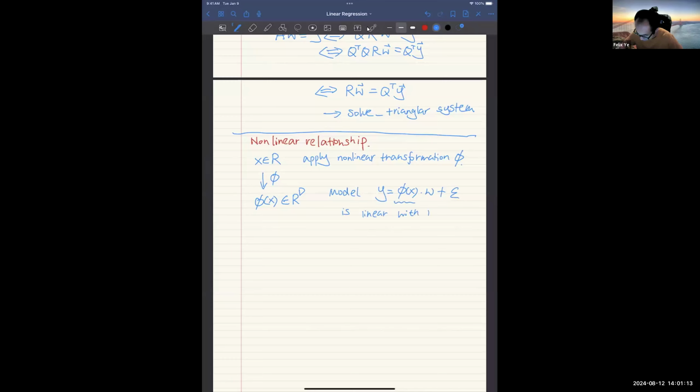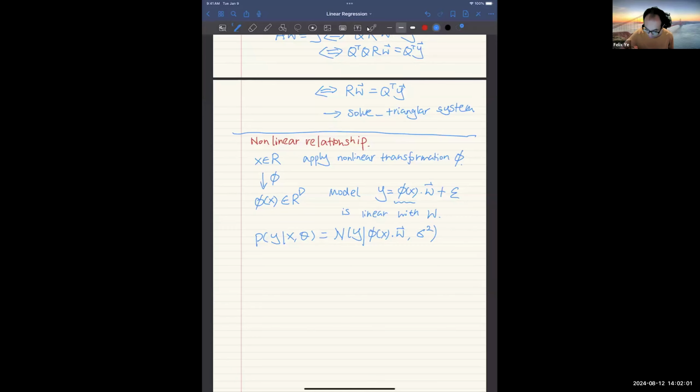We can also think about this as a probabilistic model: y given x and theta is a normal distribution with mean phi(x) times w and variance sigma squared. So this is basically an extension of linear regression.